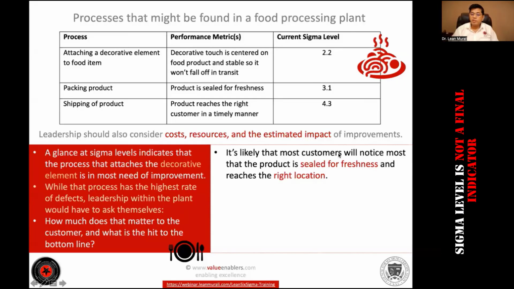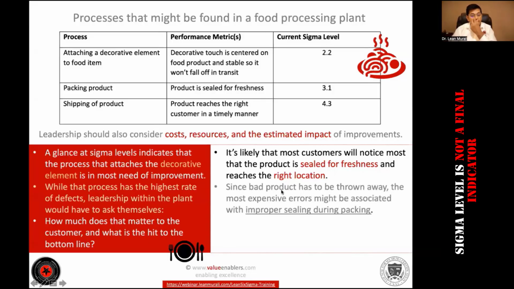It's likely that most customers will notice most that the product is sealed for freshness and reaches the right location. Since the bad products have to be thrown away, the most expensive errors might be associated with improper sealing during packing. How many of you agree with this? Type agree in the chat box.